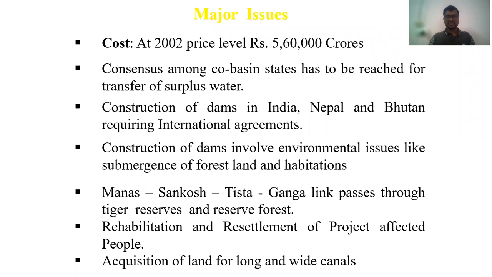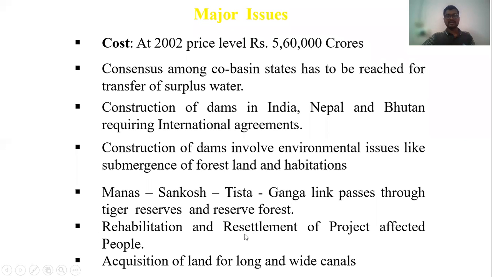Then the Manas, Sankosh, Tista and Ganga link passes through the Tiger Reserve and reserved forest. ही जी लिंक आहे, मानस संकोश तिस्ता आणि गंगा, ही जर का आपण कनेक्ट करायचं म्हटलं तर तो इंटरलिंकिंगचा प्रोजेक्ट किंवा जो कॅनल इंटरलिंक होणार आहे that runs through the forest which is reserved for the tigers. मग जर का त्या टायगर रिझर्व फॉरेस्टमध्ये जायचं म्हटलं there will be an issue with that. ओके, बऱ्याच वेळा काय होतं की एन्व्हायरमेंटमध्ये, it will be, what we can say, a barrier, one sort of barrier for the tigers and for the human beings also.